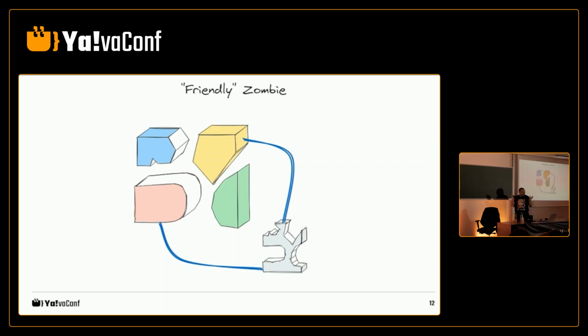So this monolith zombie just changes into some kind of support microservice. And this is maybe the best way to do this. This friendly zombie actually gives you a lot of nice features. It acts as a shared library at the language level. It's still good, it's well defined, but no one wants to own it, right? That's the problem.